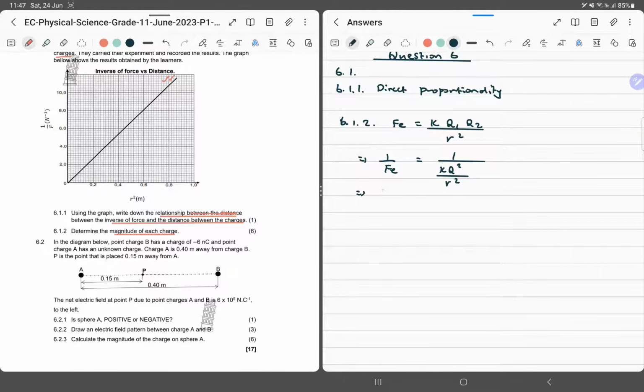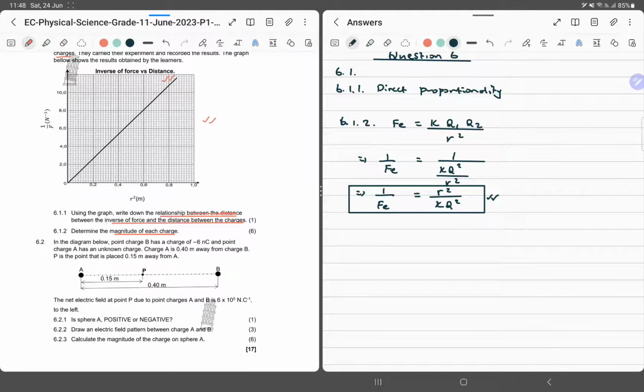Great. Which also implies that 1 over the electrostatic force is, now this flips, it becomes R squared over K times Q squared. So this is our equation. Please do show this. It's important, because without it we are lost. So this is the equation that governs things here.